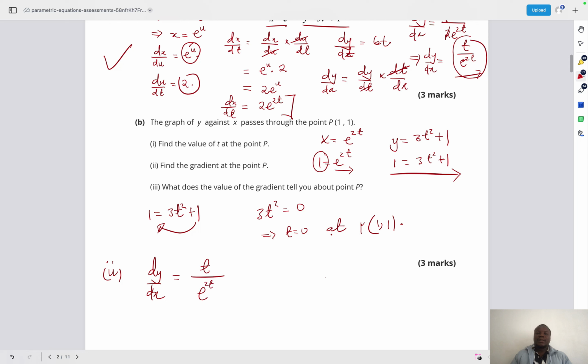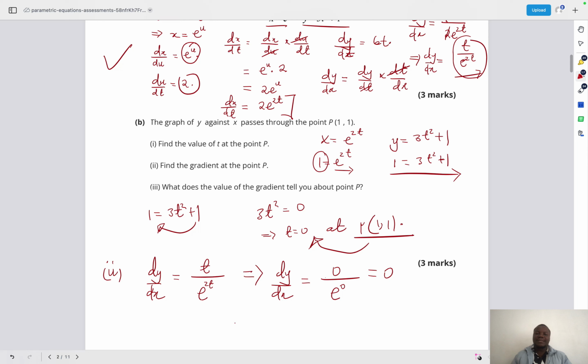Now they are saying at this point P, we know that t is equal to 0. So at this point, our dy/dx is simply going to be equal to 0 over e to the power of 0, because if I multiply 2 times t, which is 0, it will give me 0. Now, anything times 0 is 0.